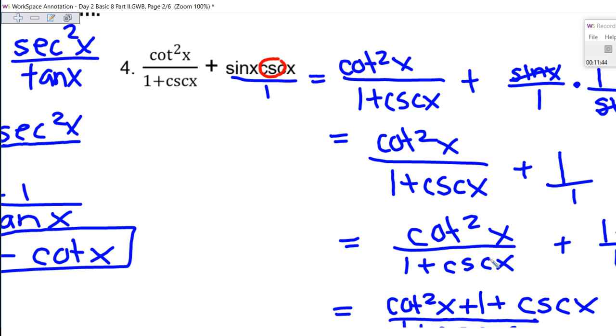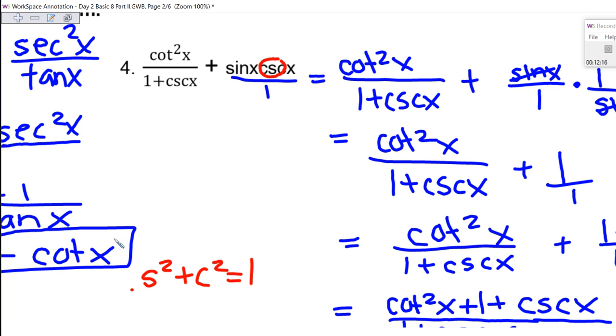What should you be thinking right now? Yeah, Pythagorean identity. If you see a 1 with a term that is squared, there's probably a Pythagorean identity. So let's see. Sine squared plus cosine squared equals 1. If I have cotangent, what would I have to divide by?